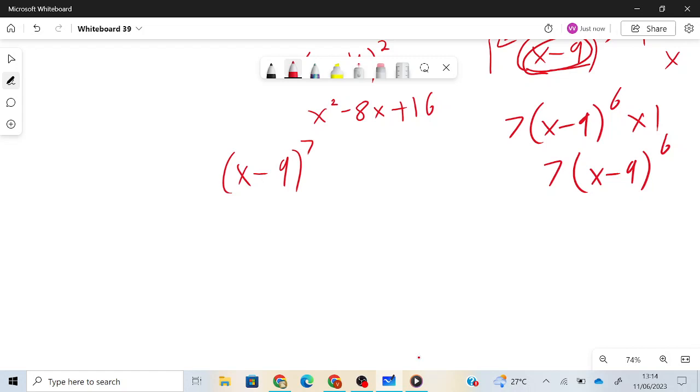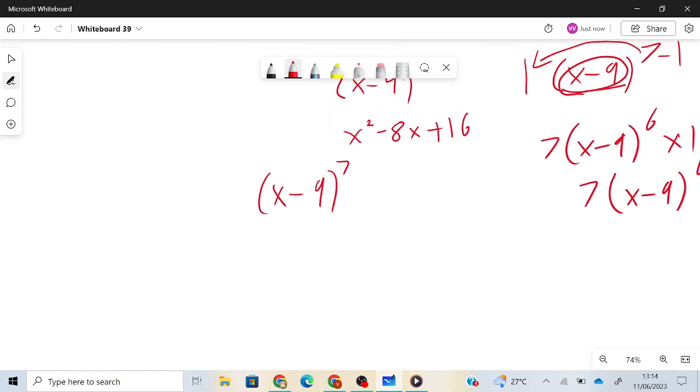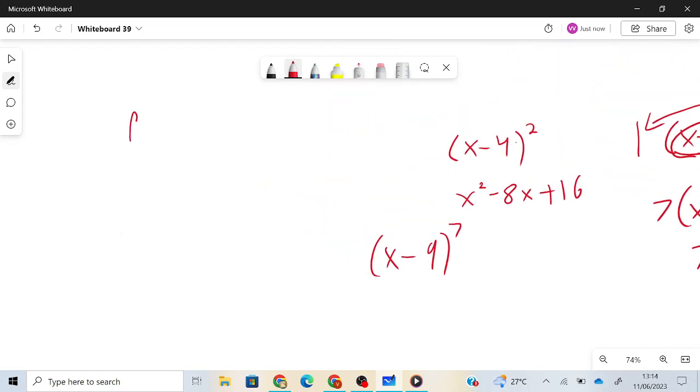When it comes to integration, if you recall our basics of integration, it says that if we have x to the power of n, then the integral would be x to the power of n plus 1, all over n plus 1. That's all over the new power. And then depending on whether it's a definite or an indefinite integral, you add the plus c.